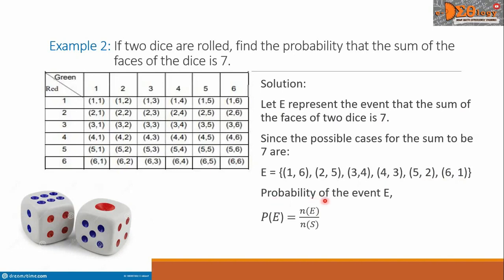Therefore, the probability of the event E is P of E equals the fraction where the numerator is n of E, the number of outcomes in E, over the denominator n of S, the number of outcomes in the sample space. So we have 6 over 36, which can be reduced to 1 over 6. This is now our final answer.